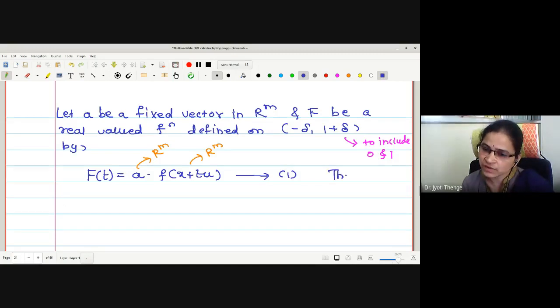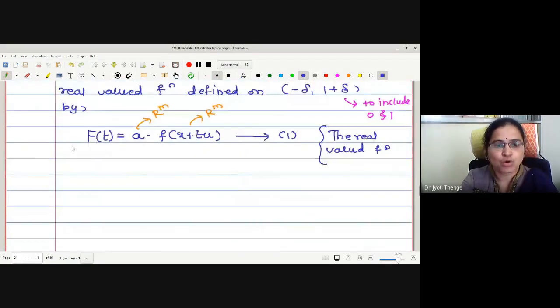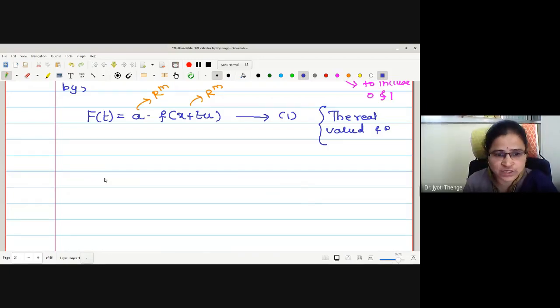Therefore, this is a real valued function. Whatever is this vector valued function given to us in the statement, by using this we have defined a new function called capital F of t, which is a real valued function. And if it is a real valued function, may I say the mean value theorem is true for this function.